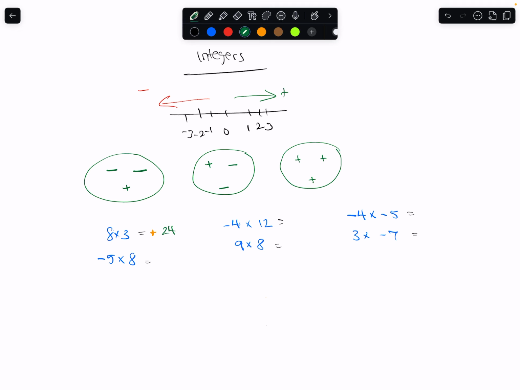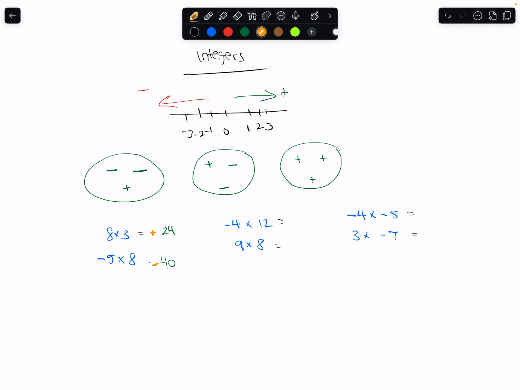Next one. -5 times 8. 5 times 8 is 40. The sign is negative times positive. Put this sign here, and that gave us a negative.